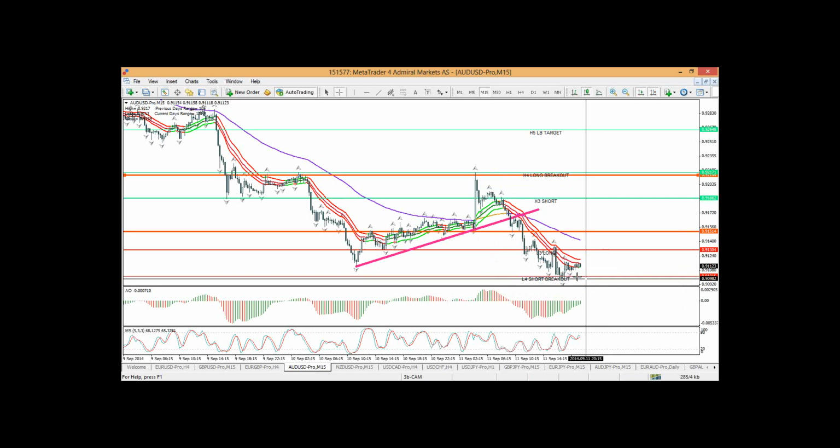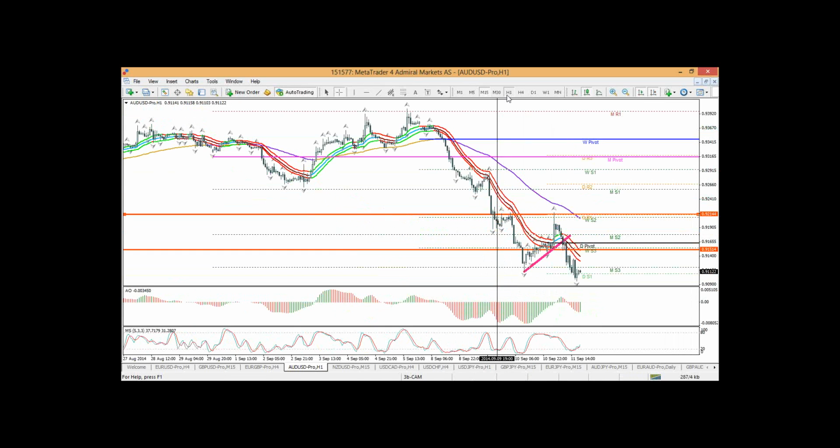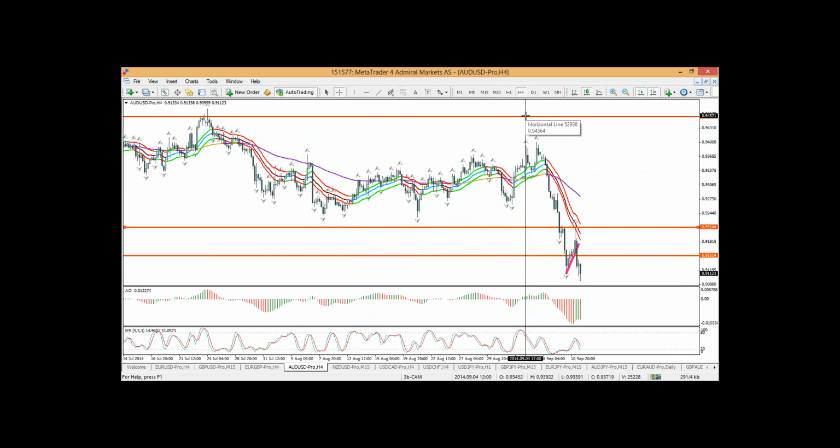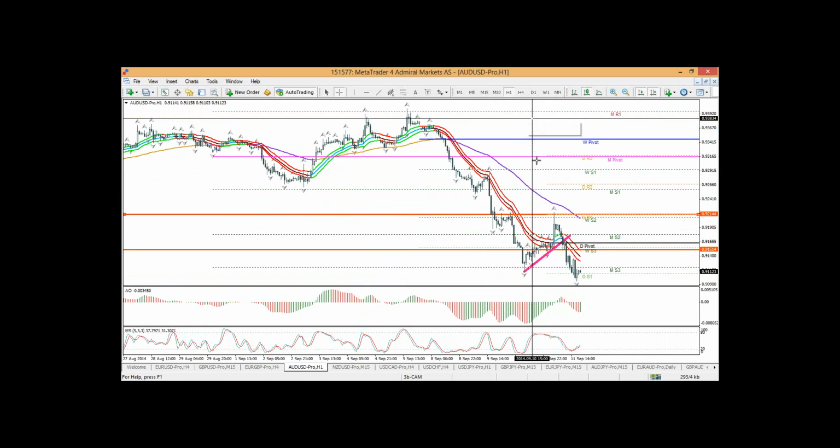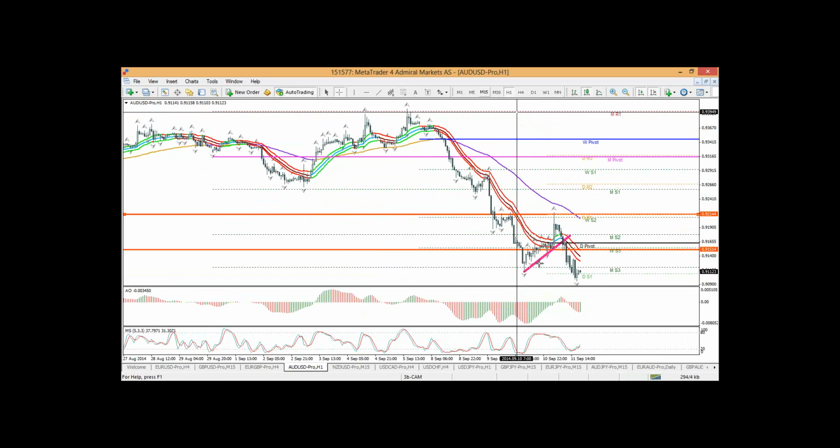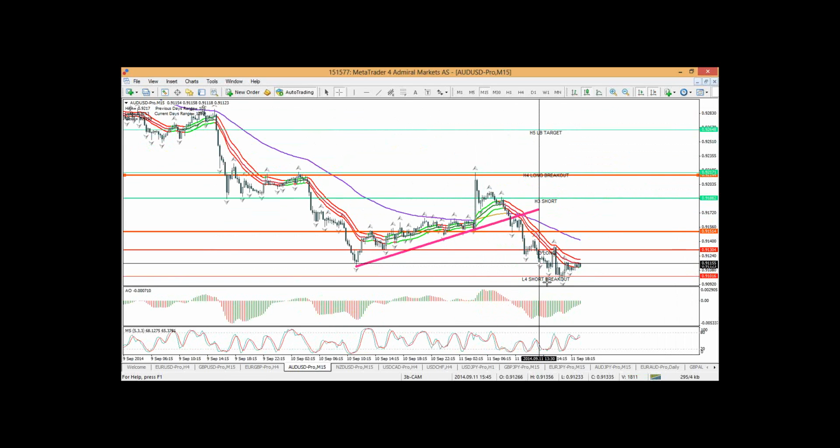So not a bad trade. And this is how we came to that conclusion. No divergence on the hourly. I forgot to mention the oscillator: 4 hour, no divergence in the 4 hour.